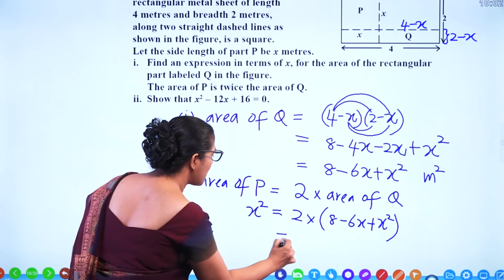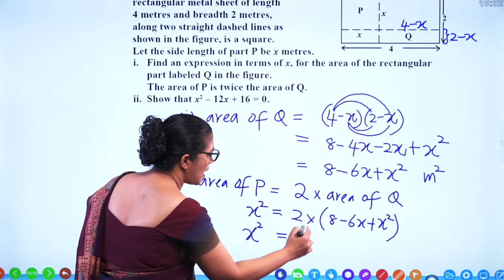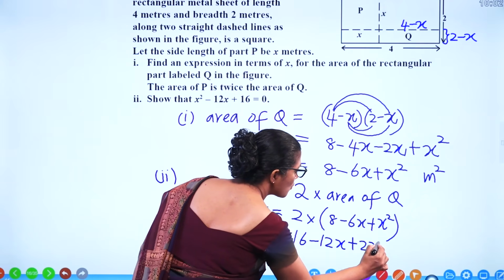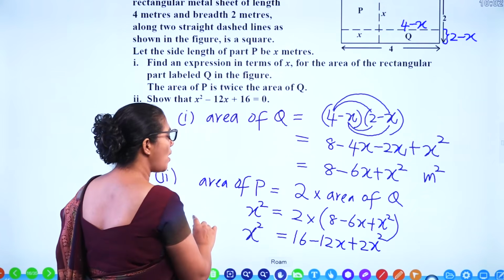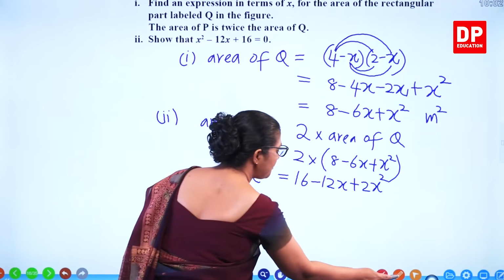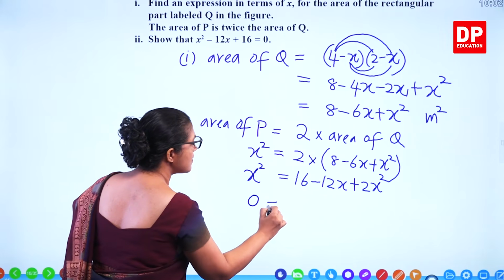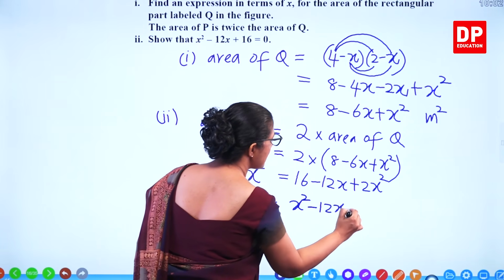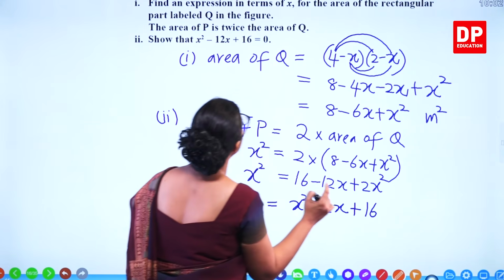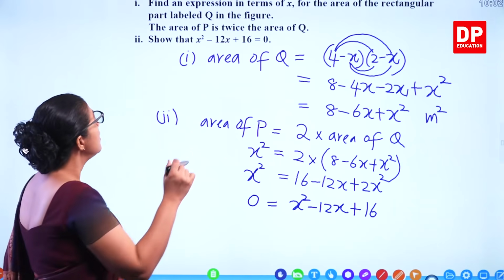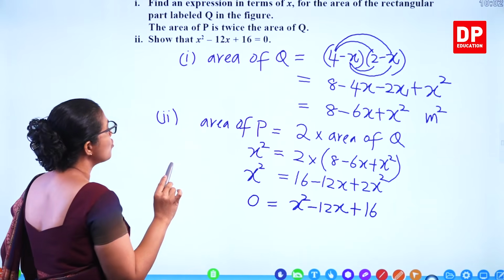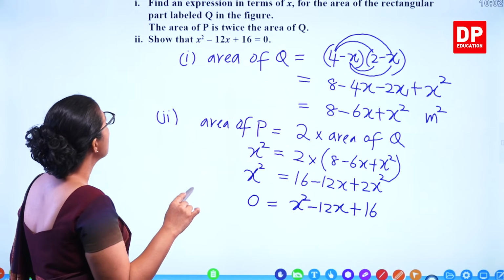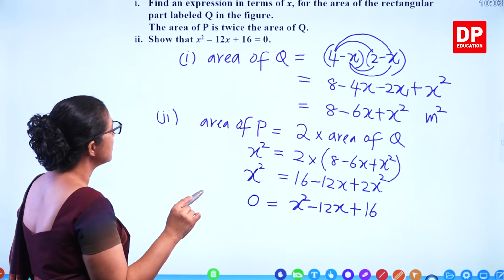Now multiply everything by 2. 2 times 8, 16 minus 12x plus 2x squared. Now take all terms to one side. This is 0. That's x squared minus 12x plus 16 equals 0. So that's the equation you need to show. x squared minus 12x plus 16 is equal to 0.